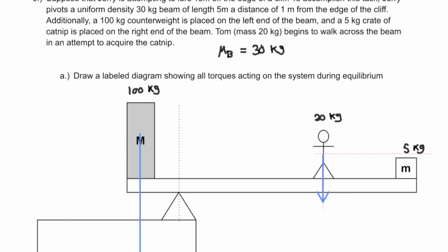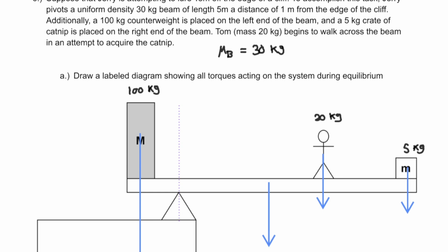Then we have Tom's weight, and then we have the little weight of the little basket right here. But we also have the fact that the beam has mass. So if something has mass, we always approximate its weight force at the center of mass. That's what center of mass means. It's the point where we can approximate the mass at. So this whole beam is equivalent to just there being a 30 kilogram dot right down the center. Because again, we're given that it's uniform.